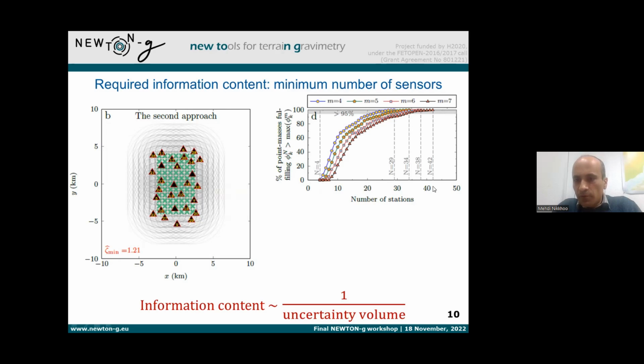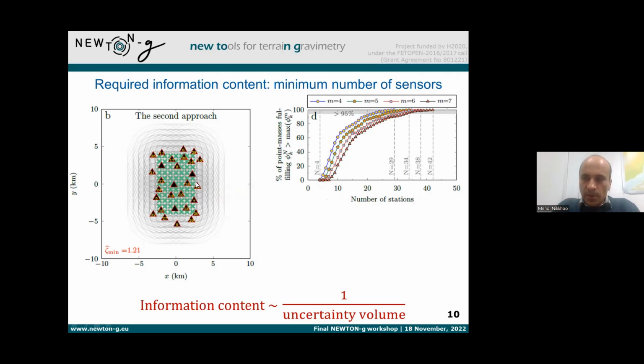Again, we have the number of stations on the x-axis, and on the vertical axis, we have the number of point masses that are receiving enough information content. So again, as we increase the number of stations, more of these point masses are covered by the network.